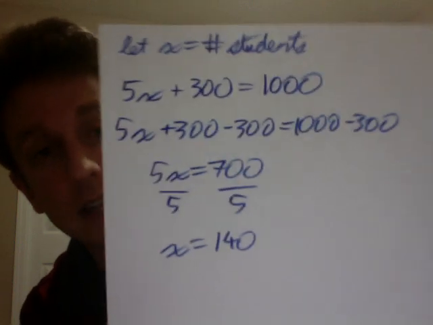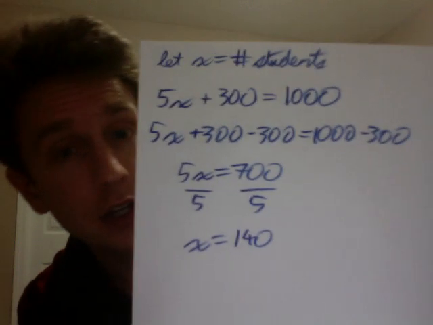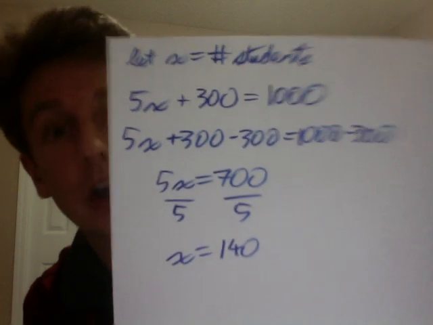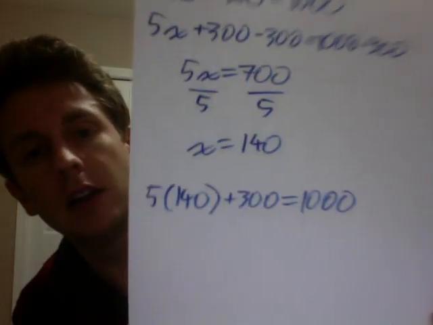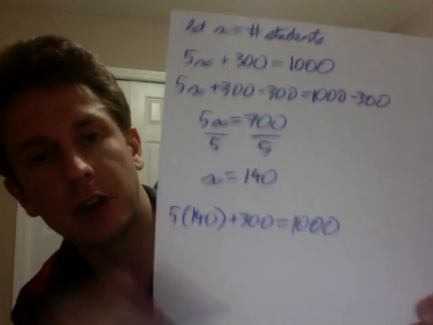Before I go and write the sentence for that, let's plug that into the original equation and see if we are correct. That's the beautiful thing. You can basically mark your own test to see if the equation works on both sides by substitution. So you see what I've done here is I've gone original equation, 5x plus 300 equals 1,000.